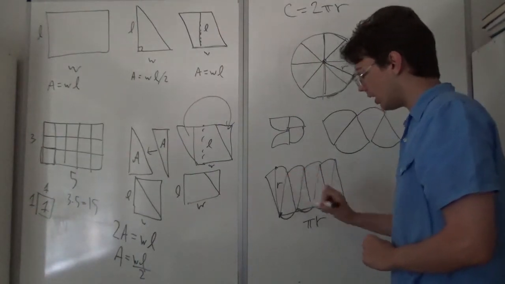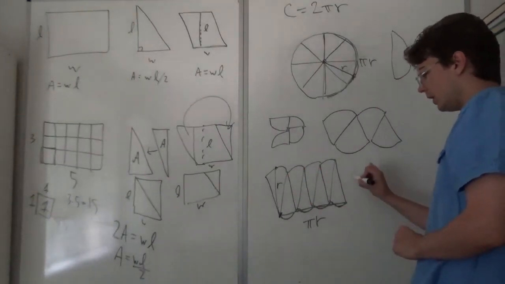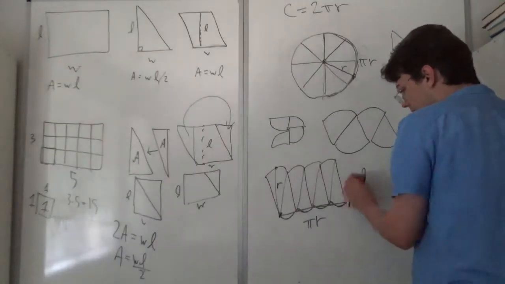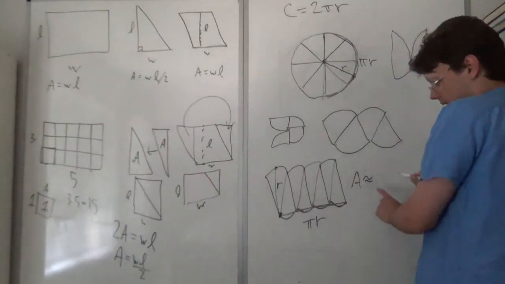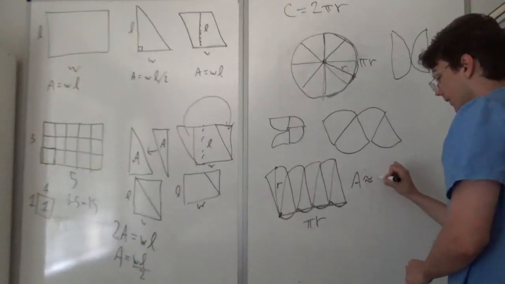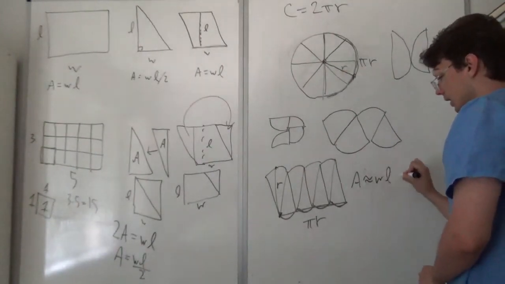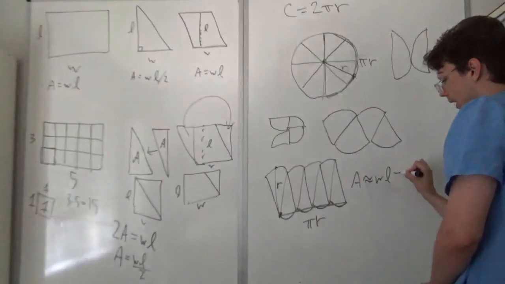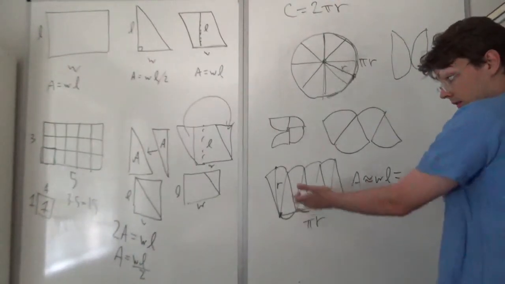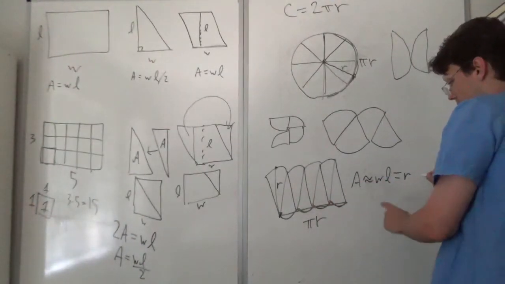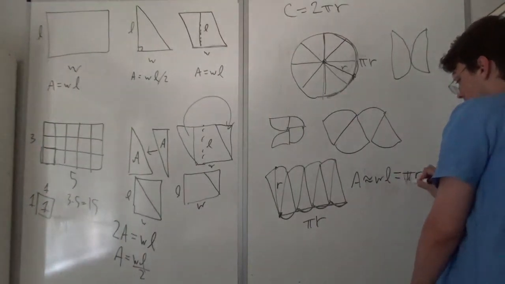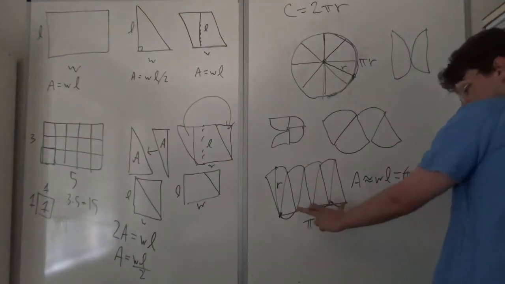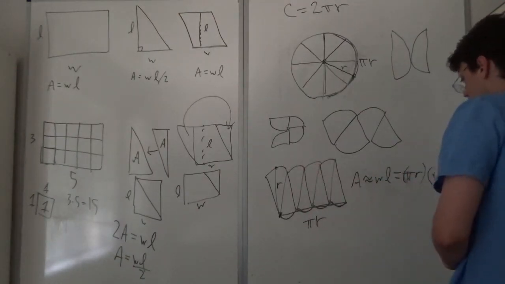So this is r. So the area of this guy is approximately the width times the length. Let me write that the other way: pi r, that's what the width is, and then the length, which is r, gives pi r squared.